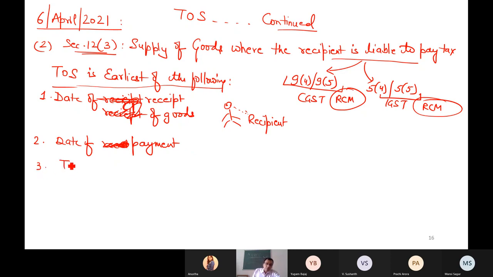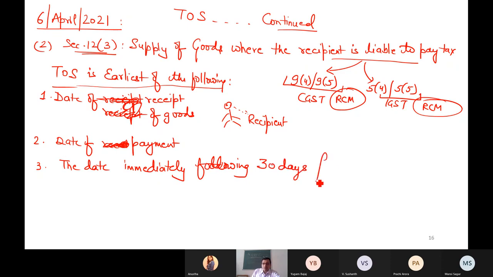Third, the date immediately following 30 days from the date of issuing the tax invoice or any other document in lieu of tax invoice. So it is the standard time, 30 days.